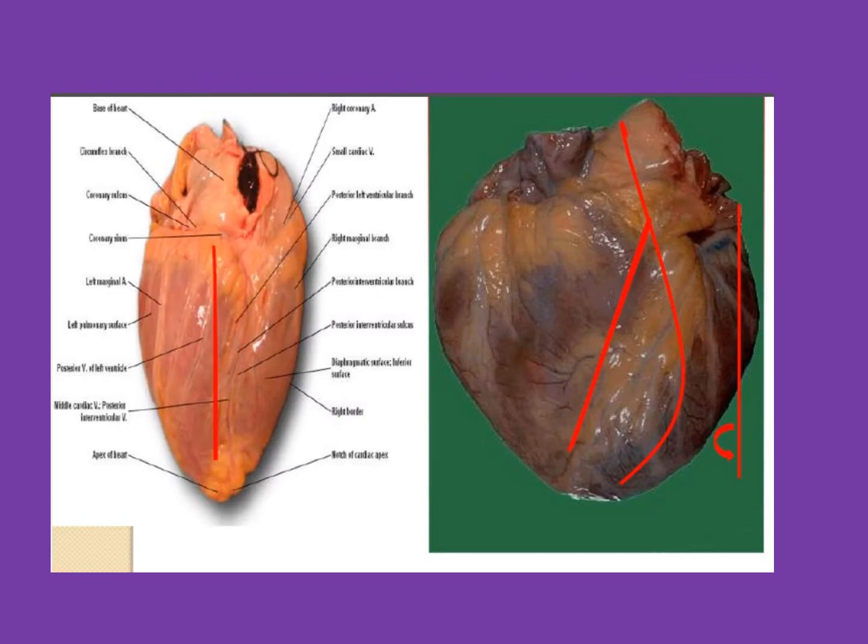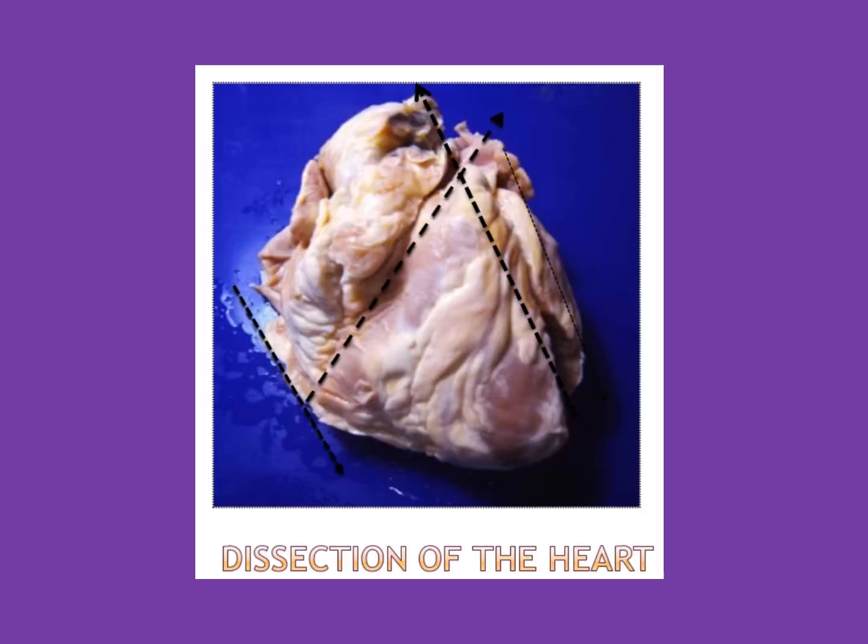In essence, you open the heart following the letter Z, starting from the right atrium to the right ventricle, then to the left atrium, and then into the left ventricle.